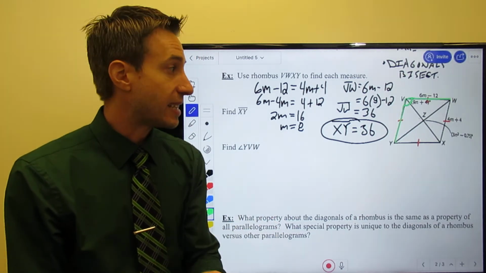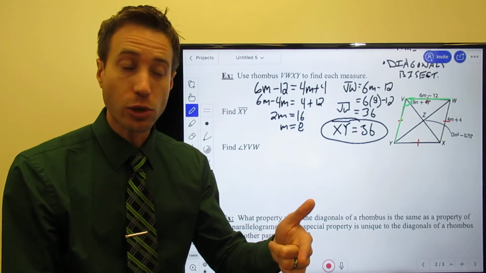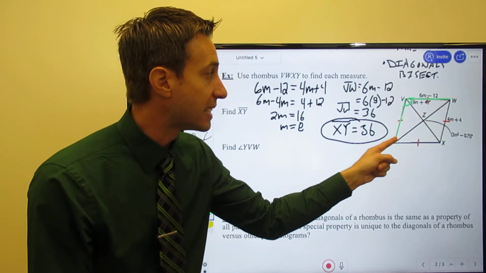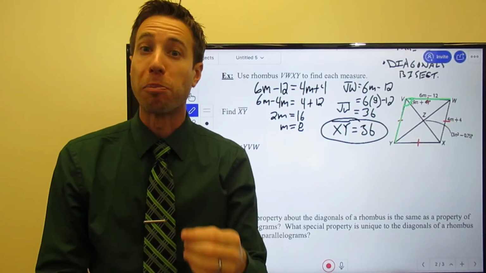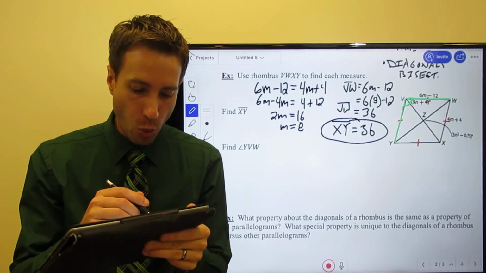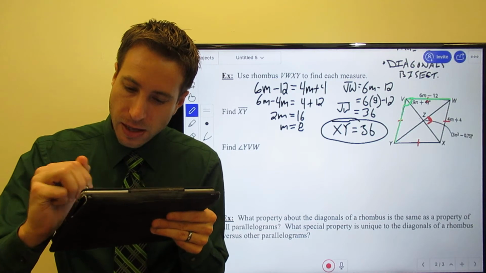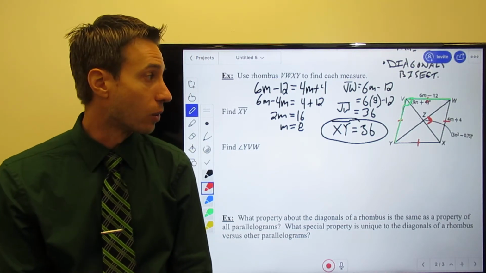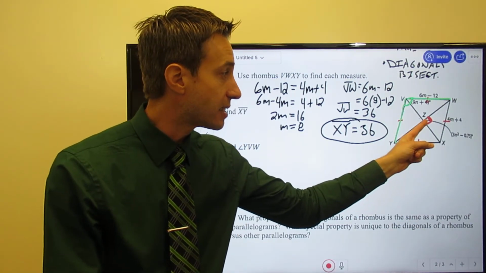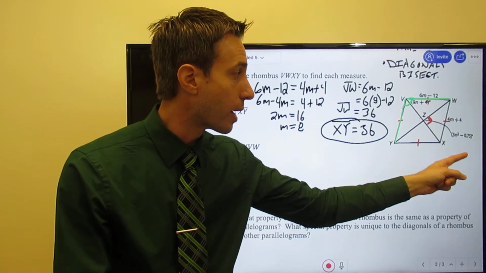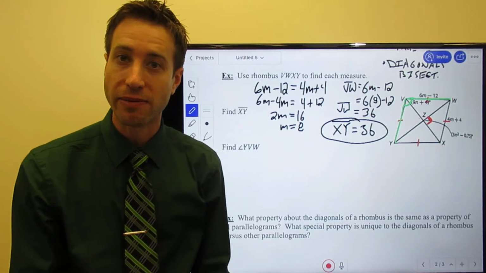Oh, interesting. Look at this. Because it's a rhombus, I know that my diagonals are perpendicular to each other. What that means is that the diagonals form a 90-degree angle. And I tell you that this angle is 3n squared minus 0.75.